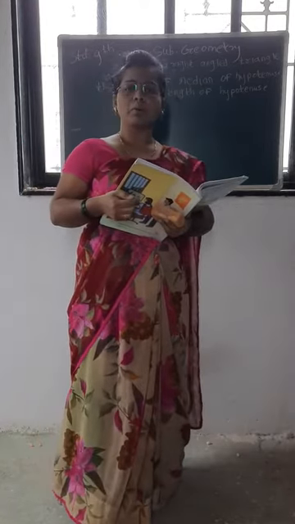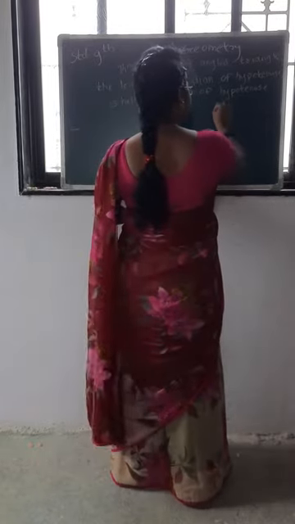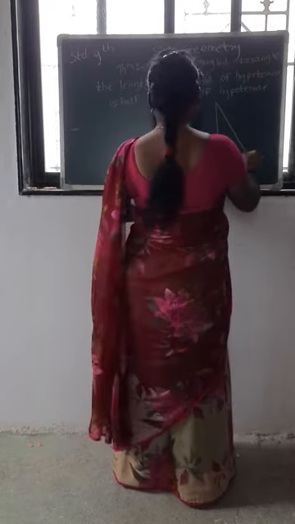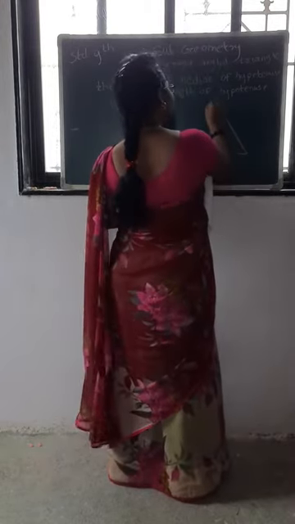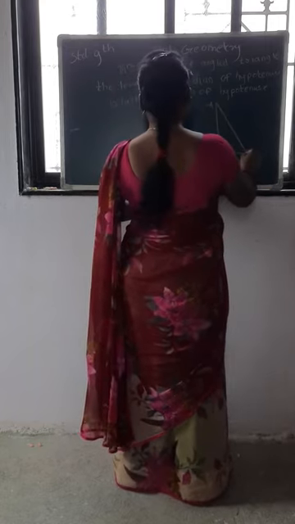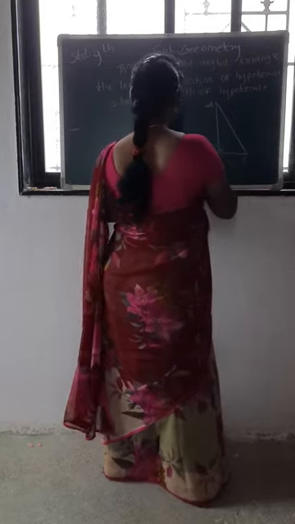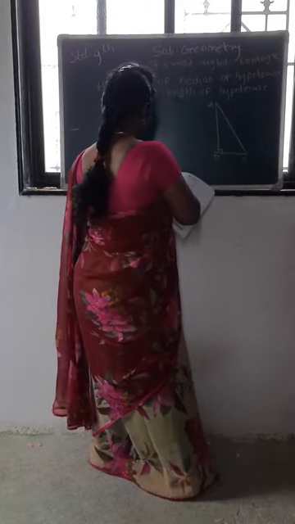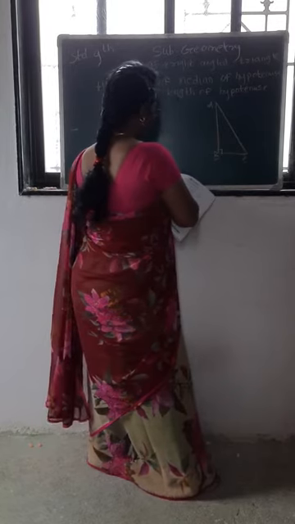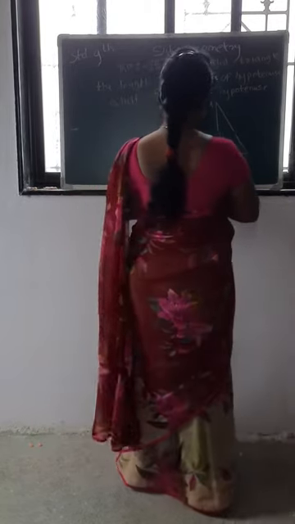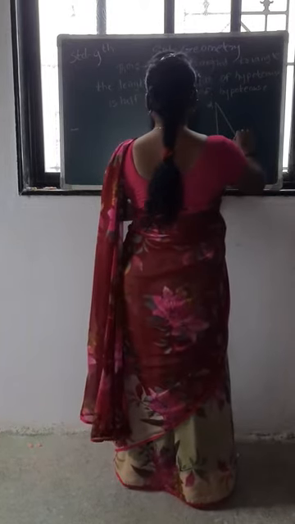Firstly, we have to draw one right angle triangle. ABC is a right angle triangle. BD is the median of the right angle triangle.